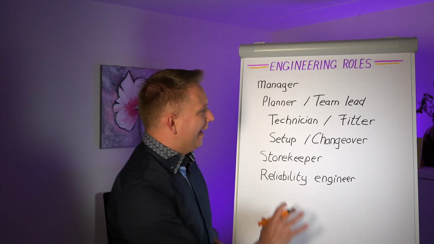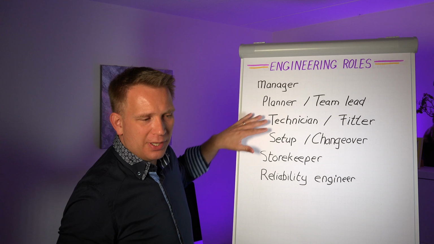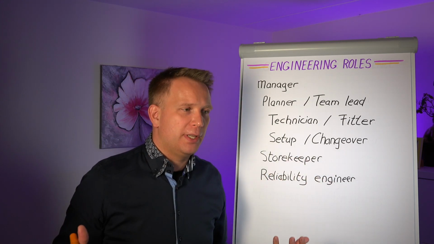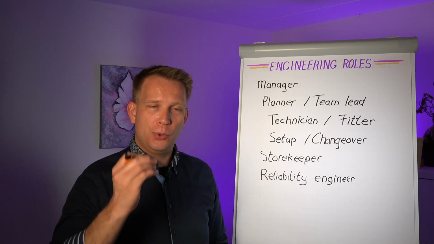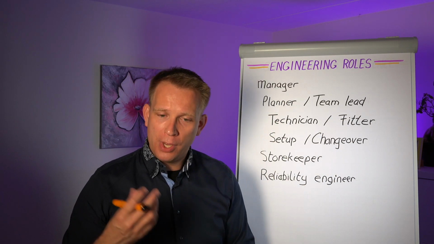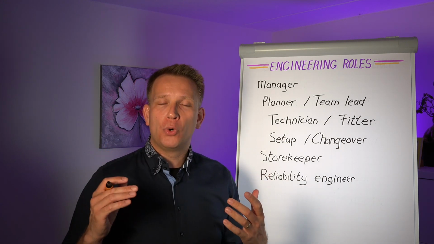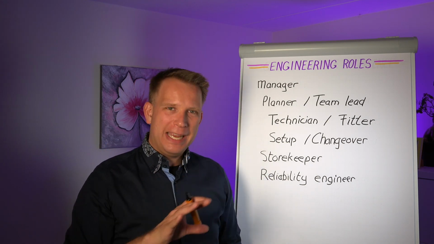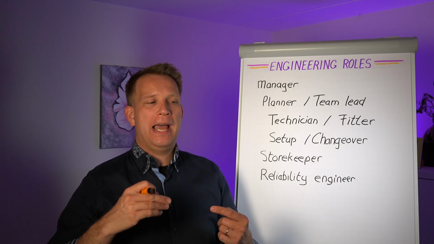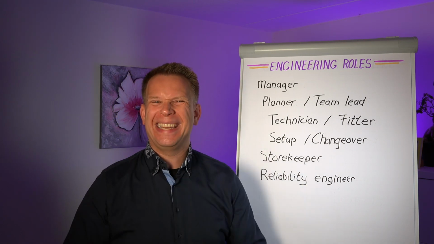Now, as I said, quite often what you see is that within the group of technicians, especially if you have one of those organizations where a number of people go in shifts, like, for instance, 2 technicians who go round the shifts with the operators just to make sure the breakdowns are fixed, and 5 or so technicians who are in a day shift for the normal work days, more or less office hours, and they all have the same role on job description paper, but you will see that those day people will have specific areas, specific lines, and they have half reliability engineer functions baked into it already.